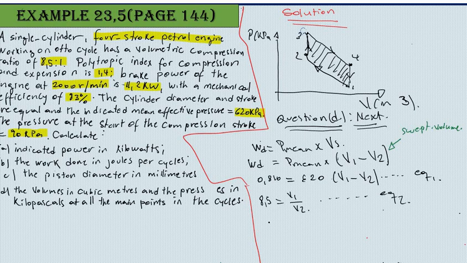So I can say V1 is equal to, so I need to bring V2 to the other side, so I'm gonna get 8.5 V2.